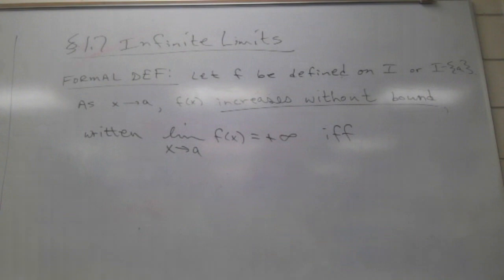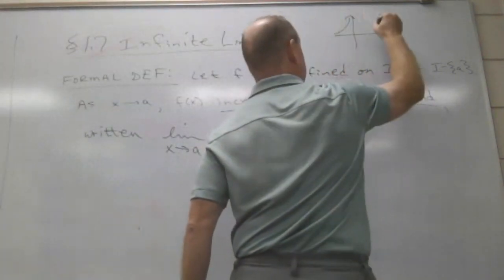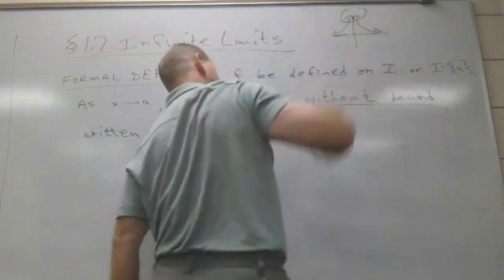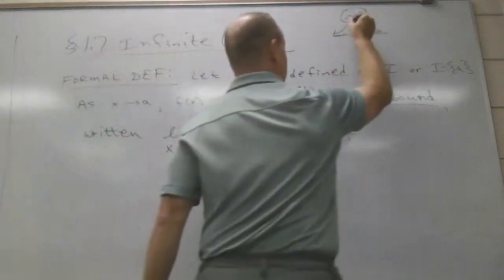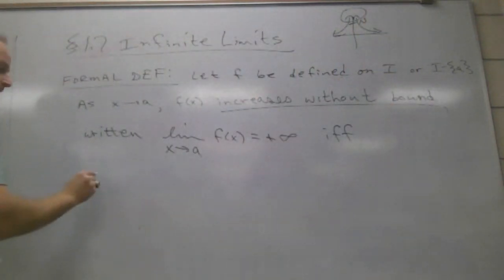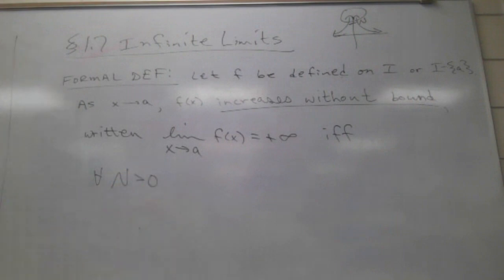The y-axis, around L, your limit, right? But I don't have a limit that I hit. I have infinity that I'm approaching. So what I want to do is take any big number, for all big N's greater than 0. Make sure that's a capital N.